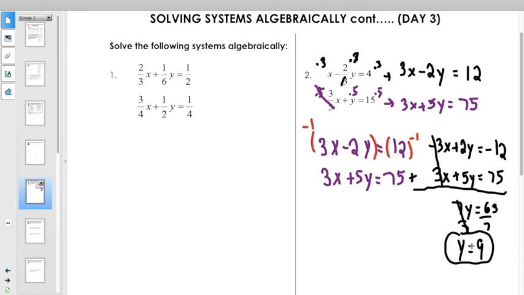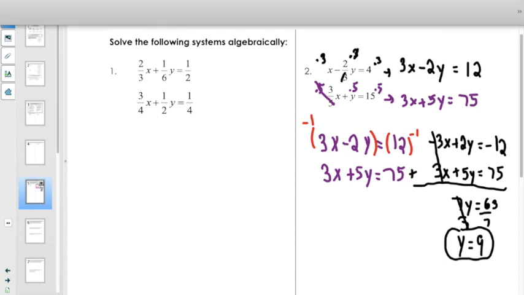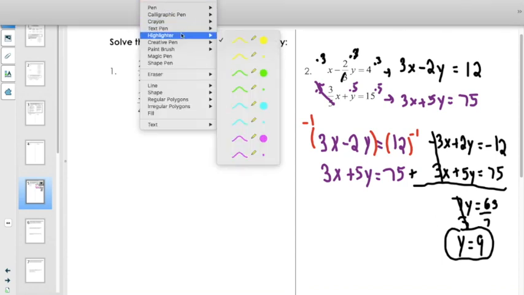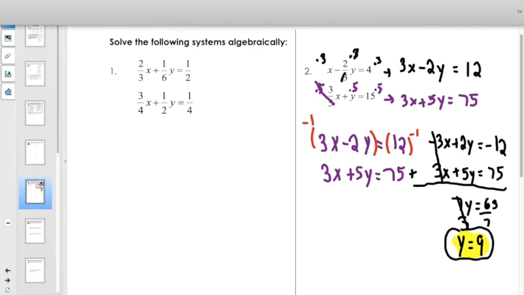It's getting these letters, or just the first letter by itself, and figuring out what it is. But once we figure out one of the letters, life becomes so much easier. And I hope you agree with me. Life becomes much easier because once I figure out that y is equal to 9, I can just substitute it back into either this equation or this equation and easily find my x, right?